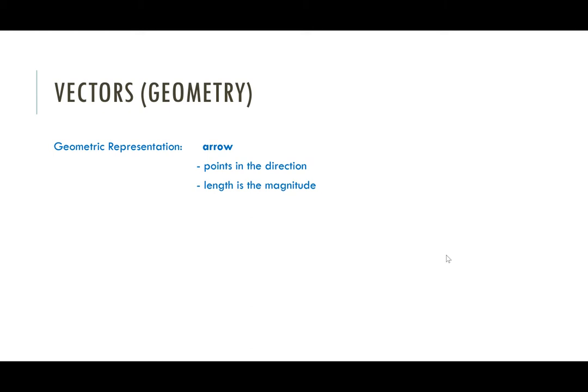So this is really what you should have in mind. Something like this. If you're in 2D, you've got a little arrow pointing in a certain direction, so that's the direction of your vector. And what is the magnitude of your vector? It is the length of this arrow.